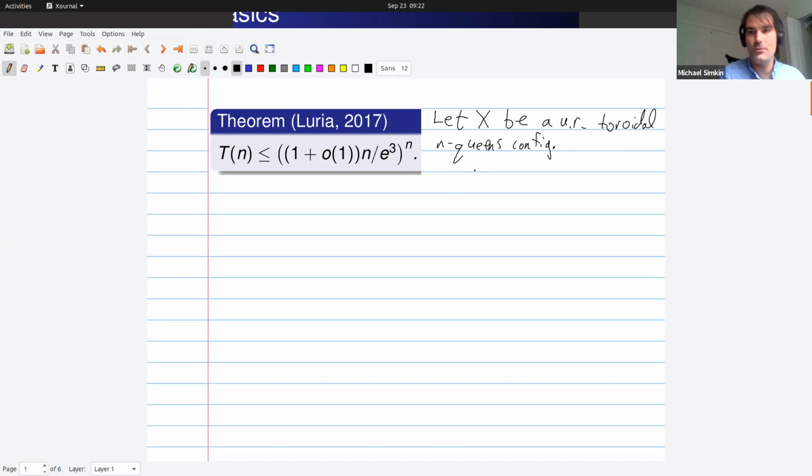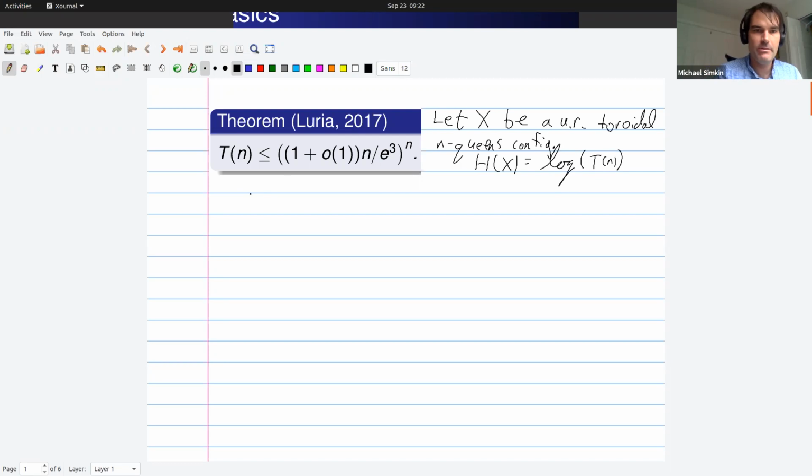If you recall from the entropy method, the entropy of x is equal to the logarithm of the number of values that it might take, which, since it's distributed uniformly among the set of toroidal n queens configurations, is just going to be the log of T(n). So if I can prove any bound on H(x), I'm proving a bound on T(n) as well.